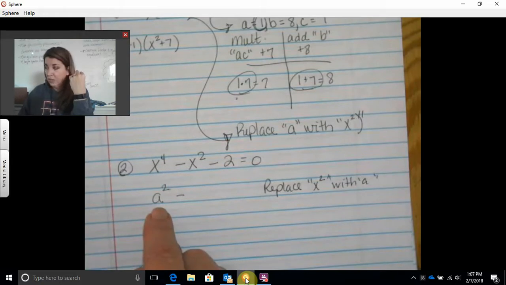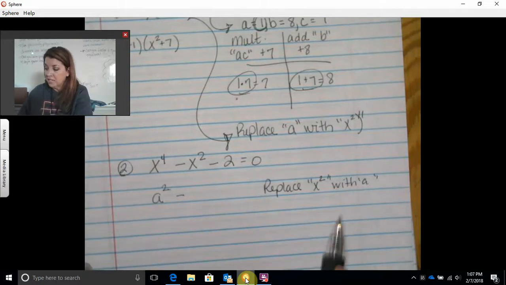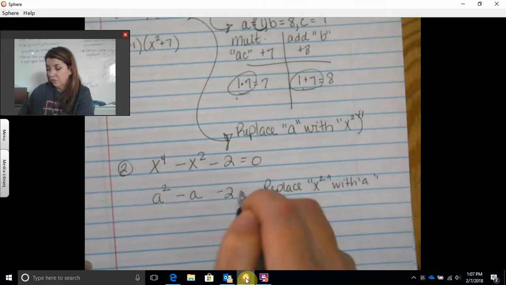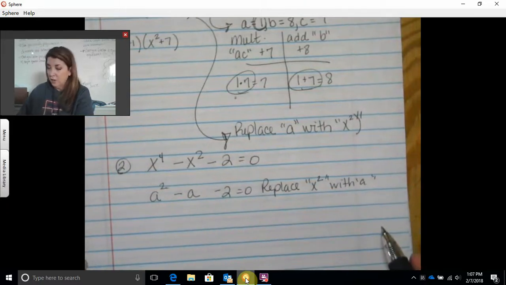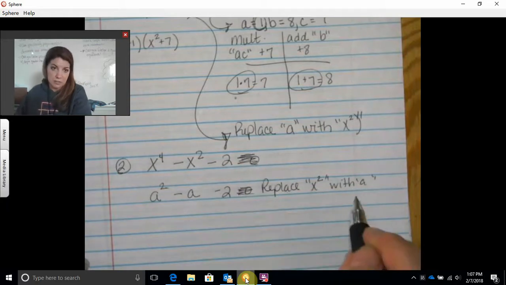We needed 2 of those. So instead of minus x squared, we'll put minus a, minus 2. And I don't know why I put a 0, because we're not solving, we're just factoring. We usually put equals when we're solving.